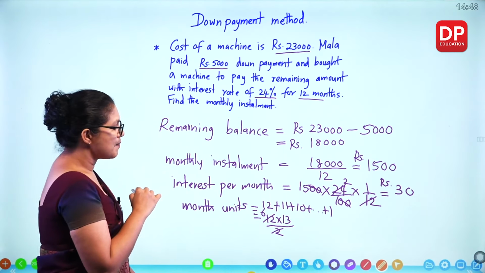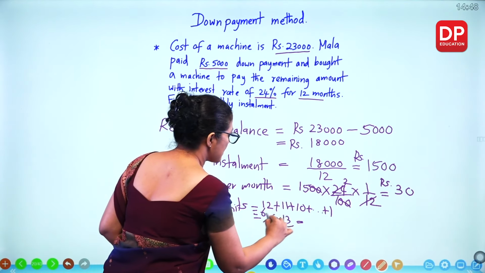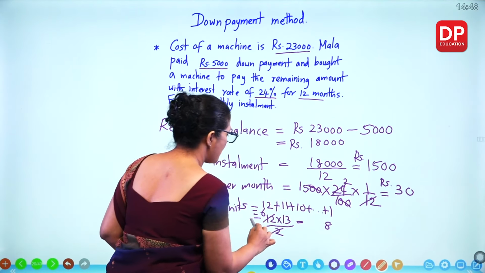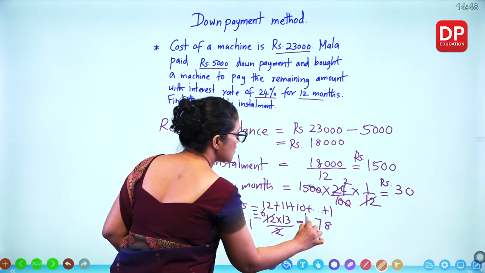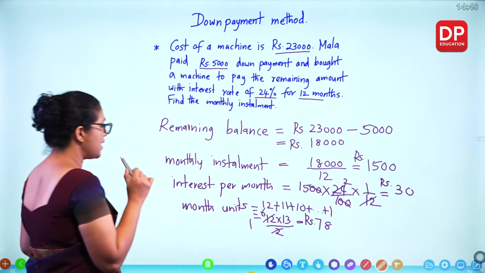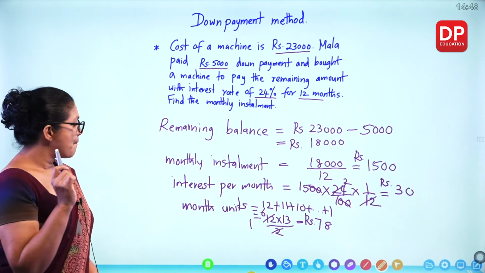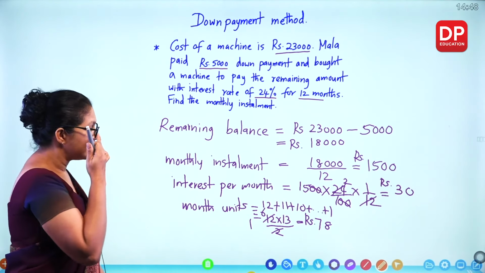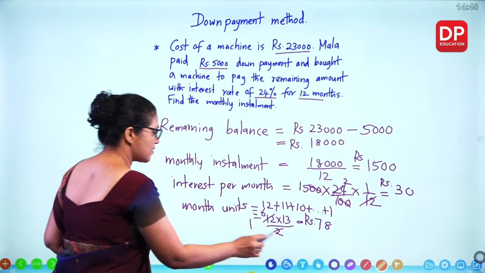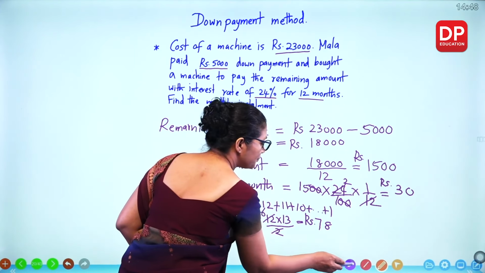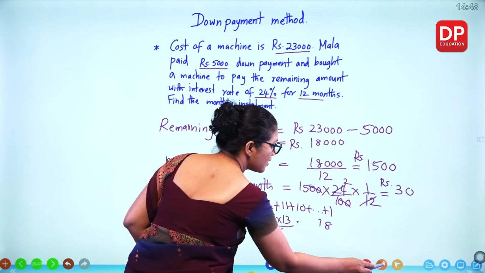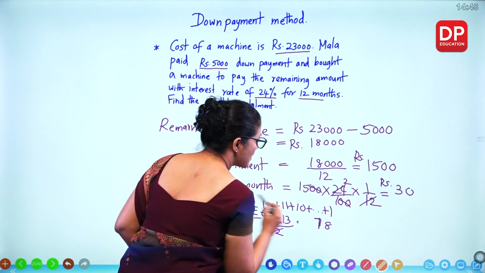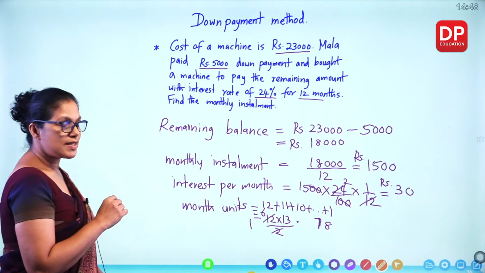You get 6 times 13, 78. This is not rupees. Month units. 78 month units are there.